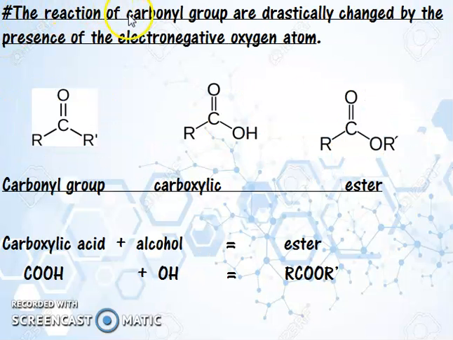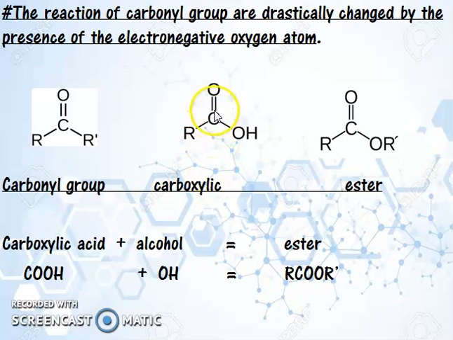Let us see the reaction of the carbonyl group, which is drastically changed by the presence of the electronegative oxygen atom. Now see students, this structure is the carbonyl group, that is C double bond O, which is attached to two different alkyl groups. When one alkyl group is replaced by OH, then it becomes carboxylic acid.